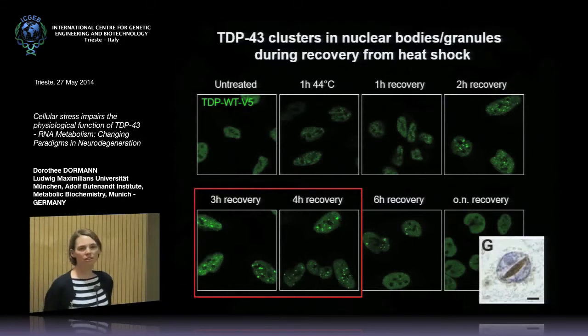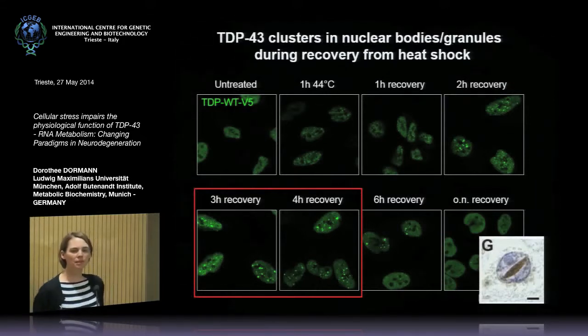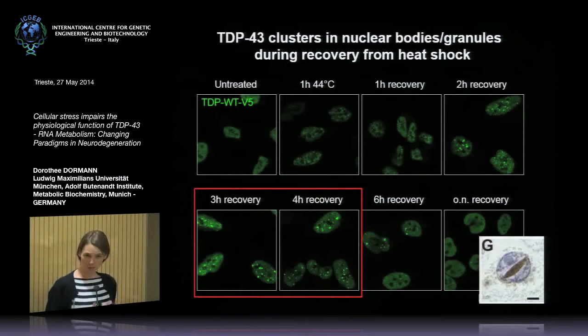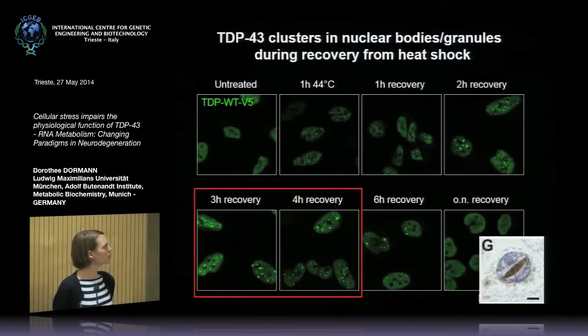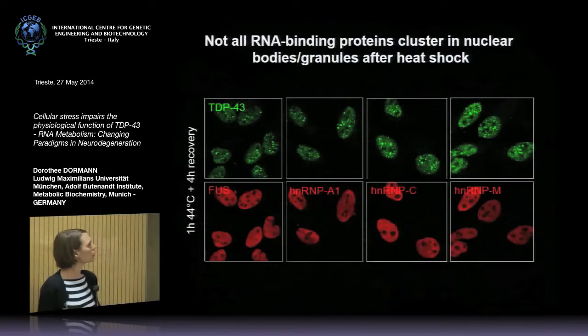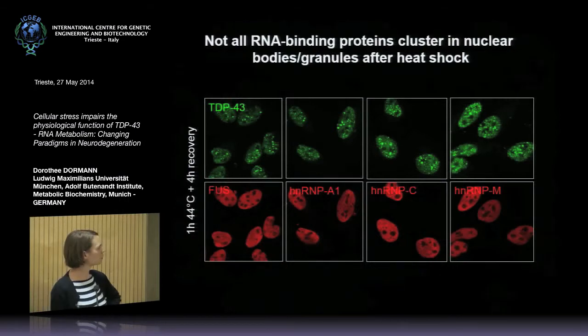One of the first things that we checked was whether this is a TDP-43 specific phenomenon or whether it can be seen for other RNA-binding proteins. So we co-stained TDP-43 with other hnRNP proteins, but you see that none of the proteins that we tested, so FUS or hnRNP-A1, hnRNP-C, or hnRNP-M, shows the same behavior.